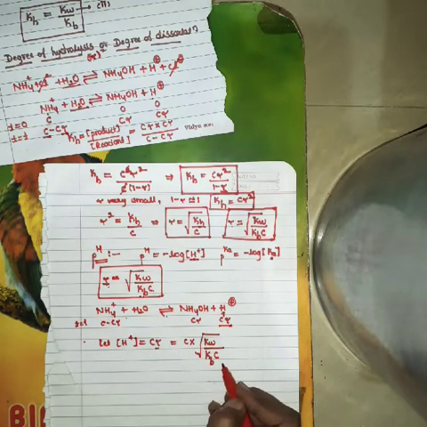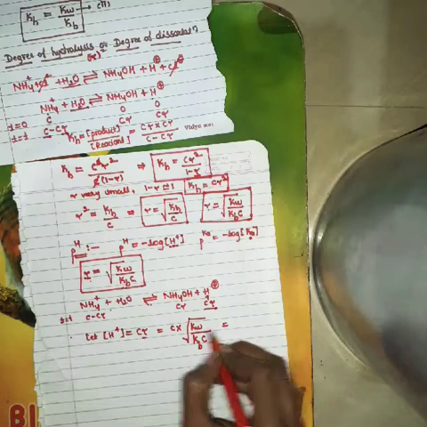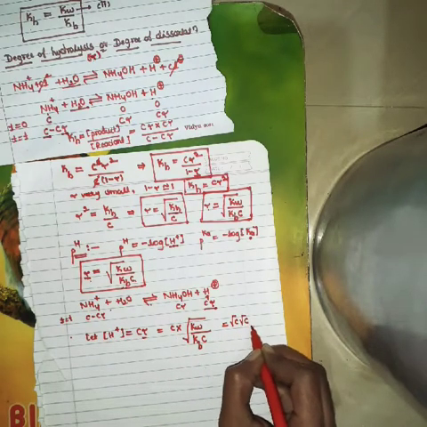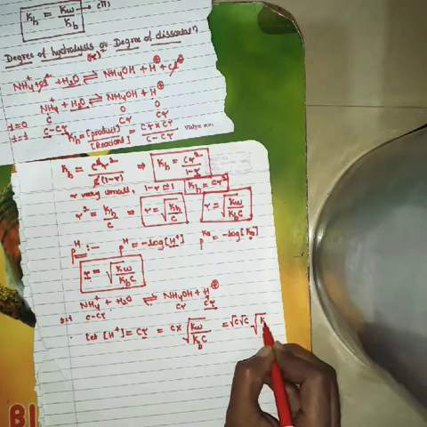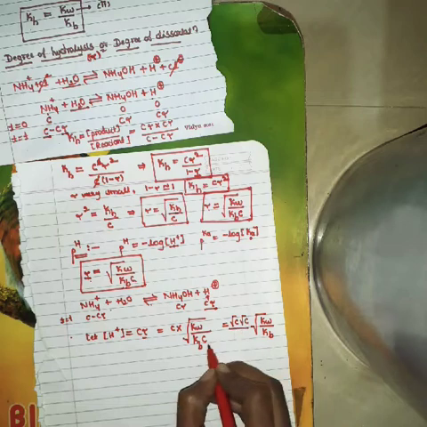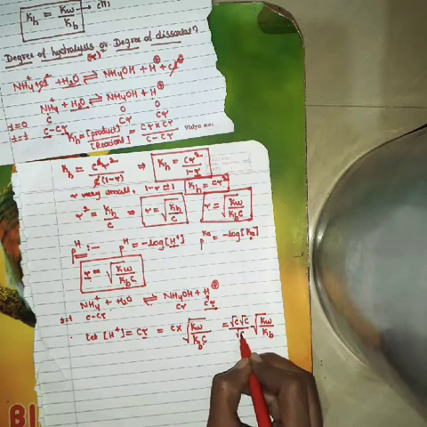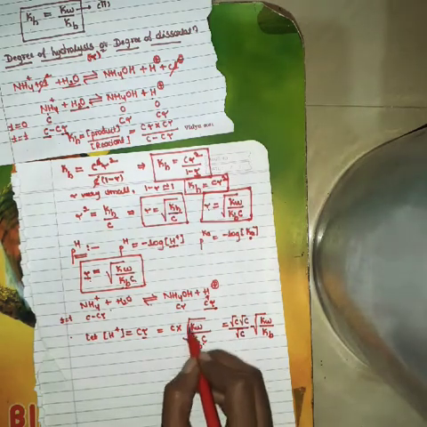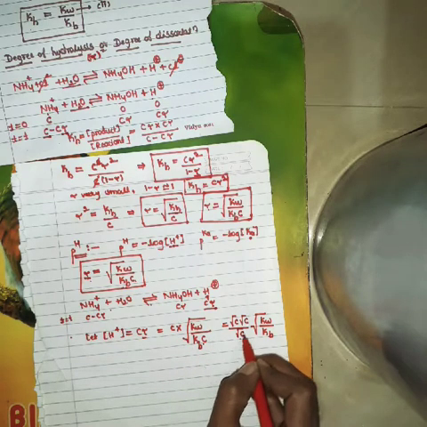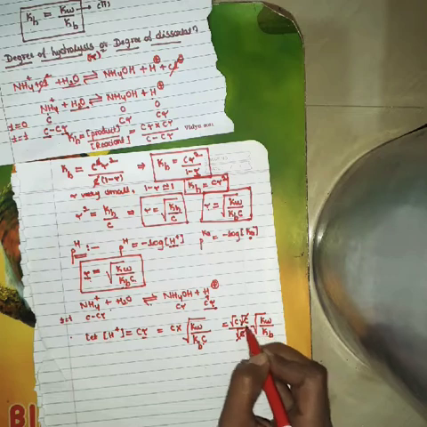We have to substitute here. Then how do we write it? C is square root of C into square root of C. Simplify the equation: Kw divided by Kb. This root C in the denominator, take it outside; one root C gets cancelled.